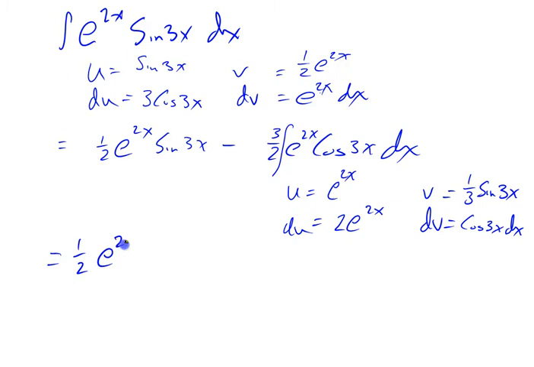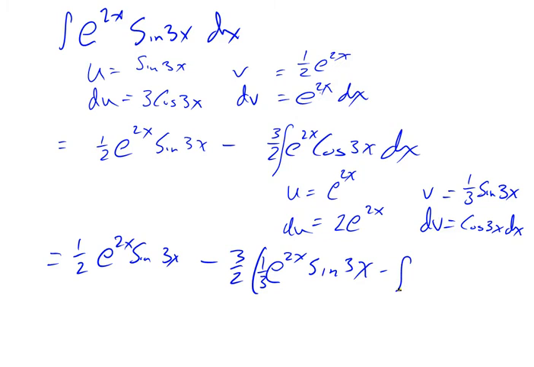So integration by parts now. Let's see, I got an e to the 2x sine 3x minus 3/2 times u times v, so e to the 2x times 1/3 sine 3x, minus the integral of v du, so 2/3 e to the 2x sine 3x.